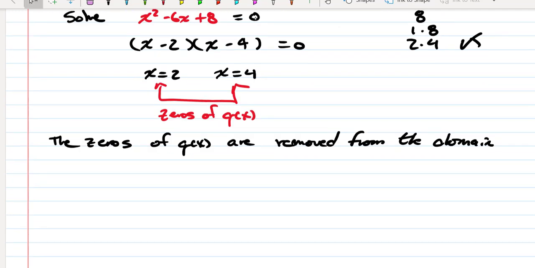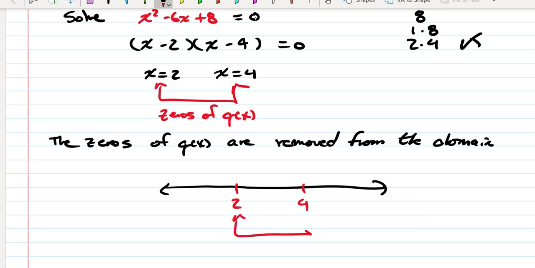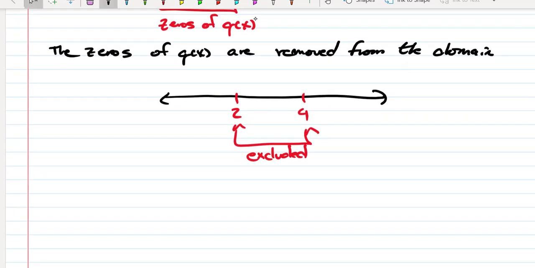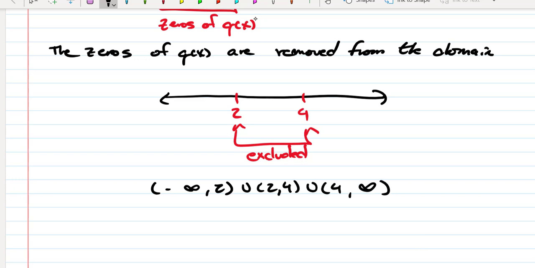So if we did that on a number line, we have everything, and then we have our zeros at 2 and 4. So these are our excluded values. So then our domain would be the three parts from negative infinity to 2, unioned with 2 to 4, unioned with 4 to infinity.